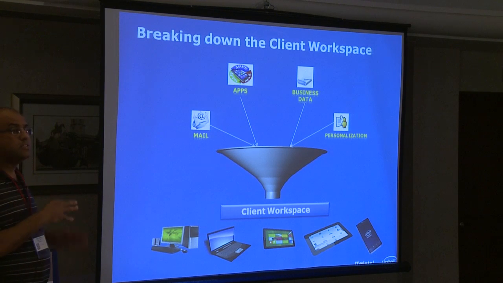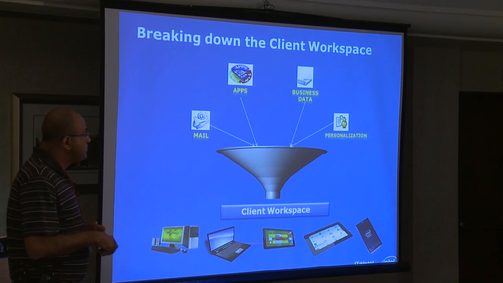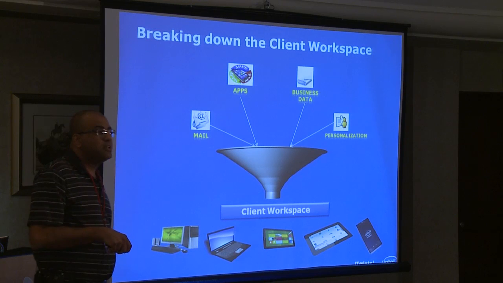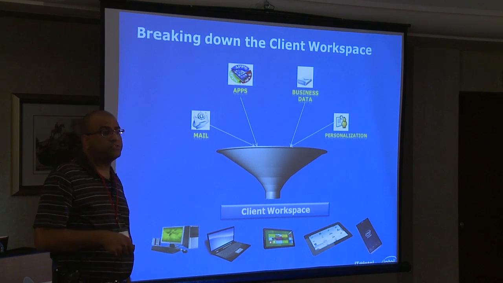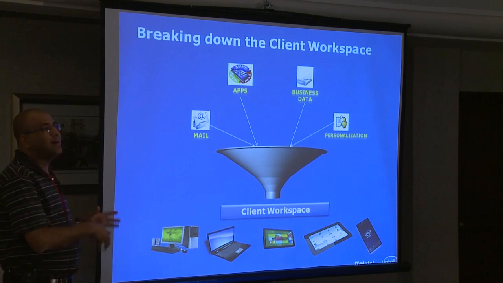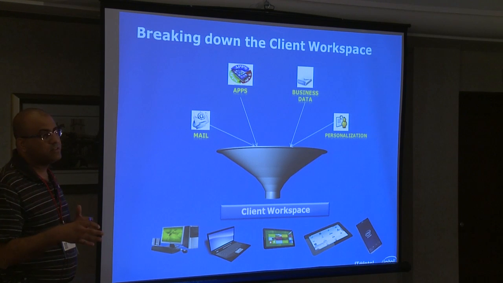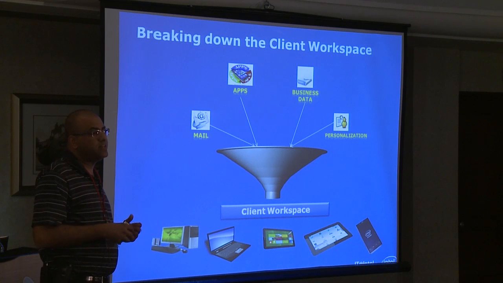What we want to do is enable access to business data from all the different types of devices, either have them offline available or online, depending on the device capability and storage solution that those devices have. But we're taking the data out from the client today, abstracting it by itself, and then enabling it on different devices.